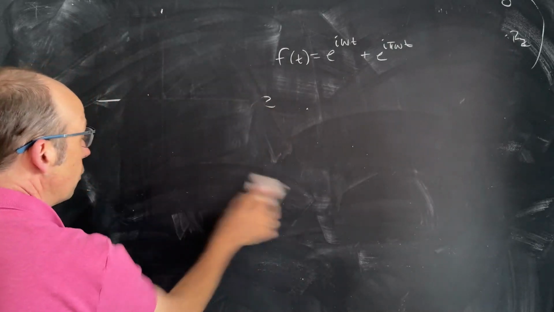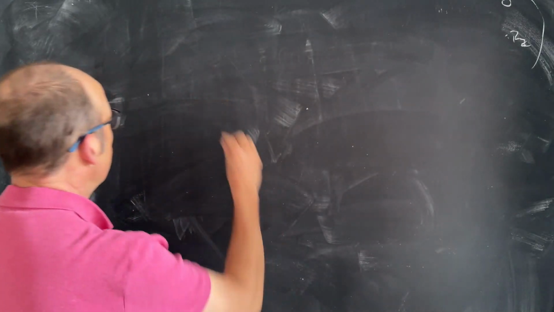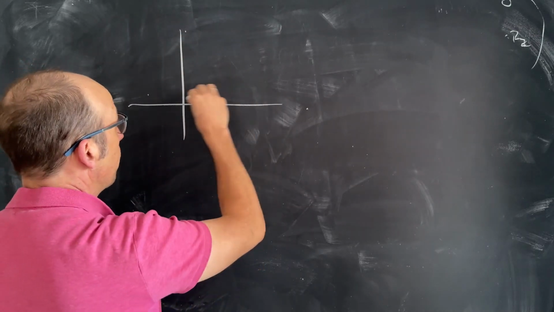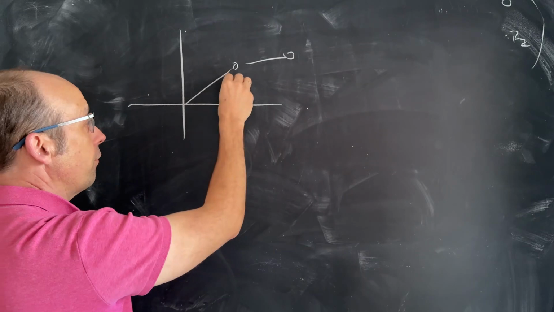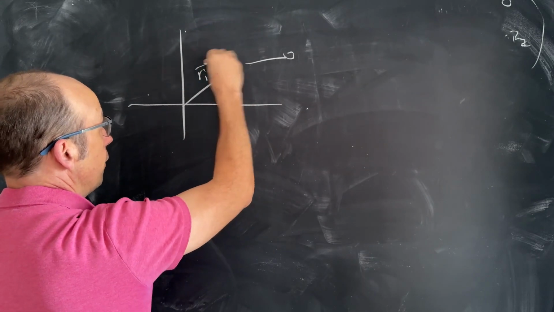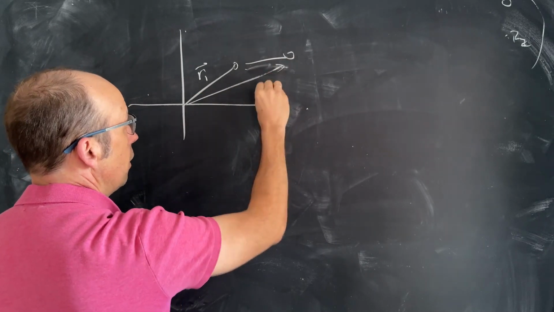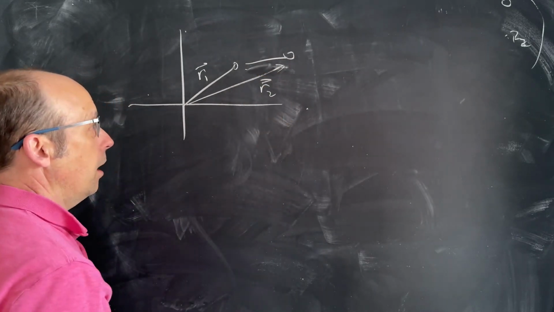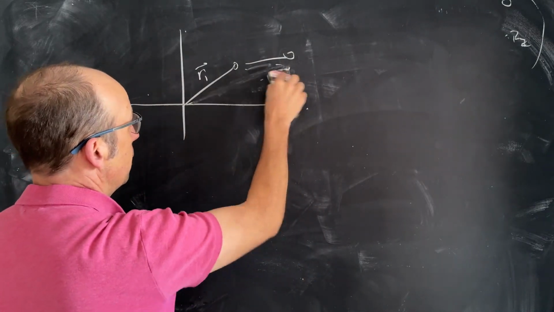So there's a bunch of little things to do here. The first thing is, let's just start off with how do we represent this double motion. So I'm going to use a vector. I'll call this vector R1 for the location of that one, and R2 for the location of that one.